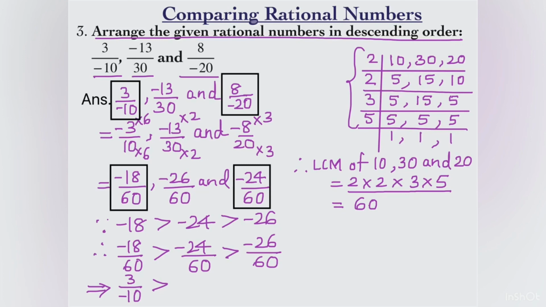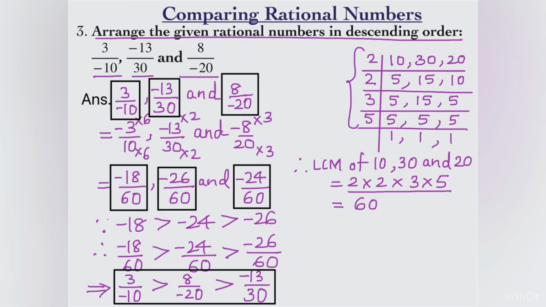So we'll write here 8 by minus 20. This is greater than minus 26 by 60, which is equivalent to minus 13 by 30. So we can write here minus 13 by 30. So in this way we have arranged the given rational numbers in descending order.